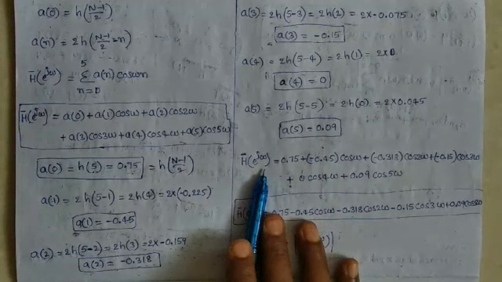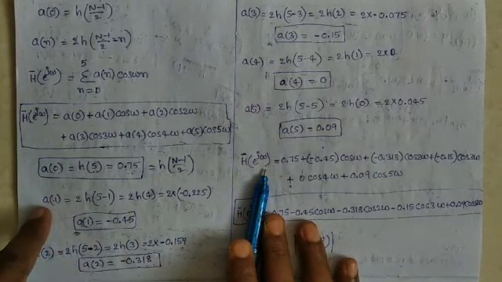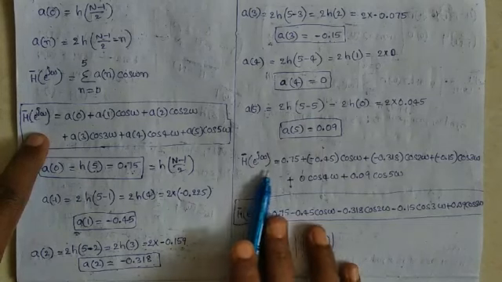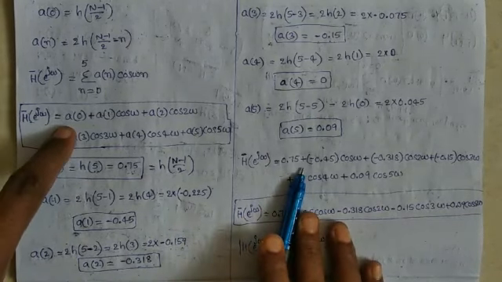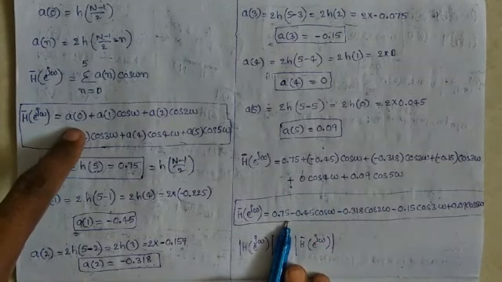Now we are substituting the a of 0, a of 1, a of 2, a of 3, a of 4, a of 5 values in this equation. The equation becomes h bar of e power j omega is equal to, directly I am writing, a of 0 is 0.75.